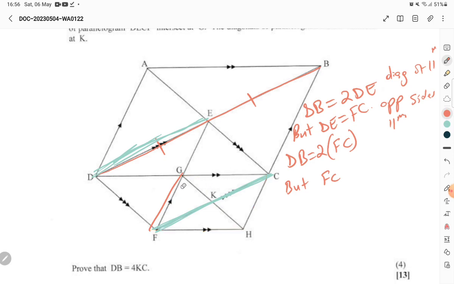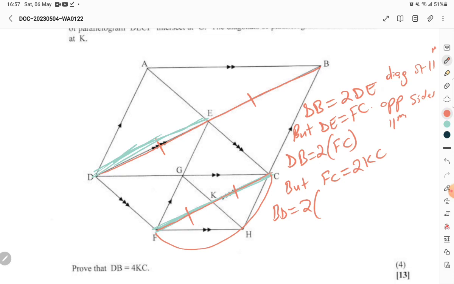GCHF is a parallelogram, so this GH is bisecting this line into 2 equal halves, right? So BD is equal to 2 times FC, but FC is equal to 2KF, which means if we have KC, we can just multiply it by 2 to get the whole length of the diagonal CF.